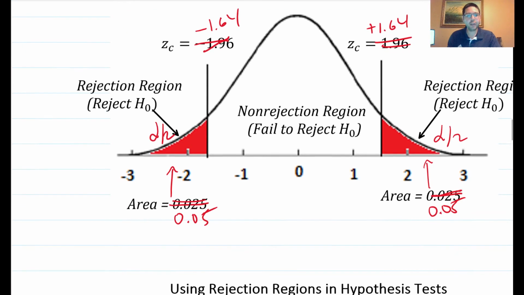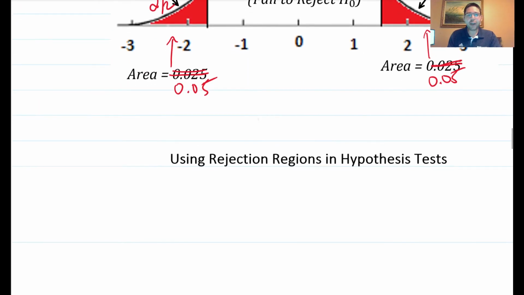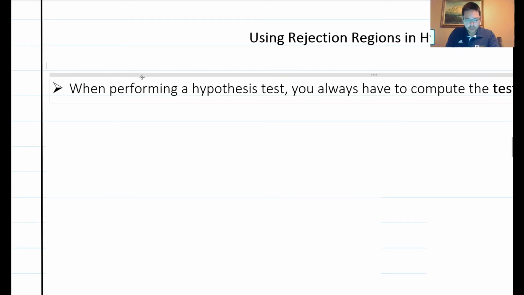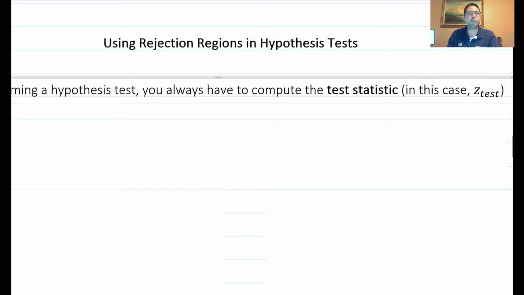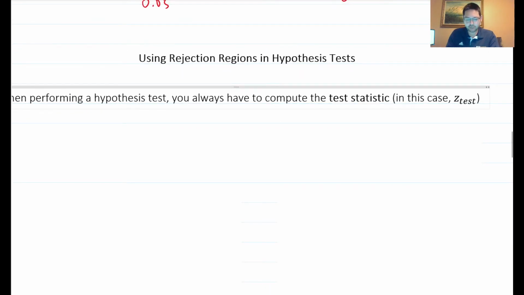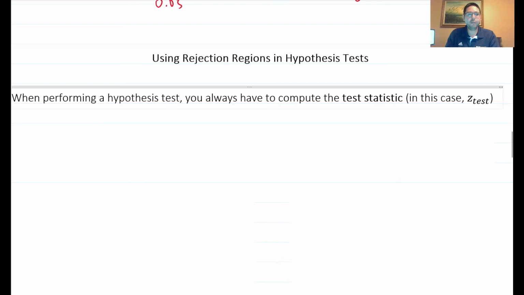All right, so now how do we use rejection regions in hypothesis tests? That's what we want to figure out next, okay? First off, when you perform a hypothesis test, you always have to compute the test statistic. Just like we did earlier, you have to compute the z-test, and in order to do that, you have to use the formula for the z-test.